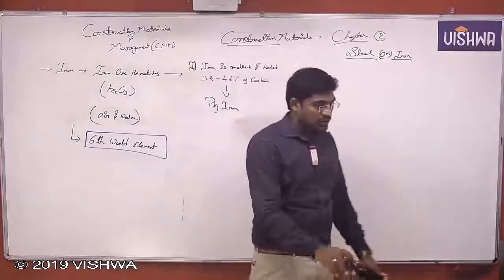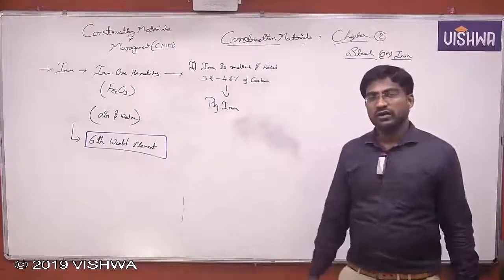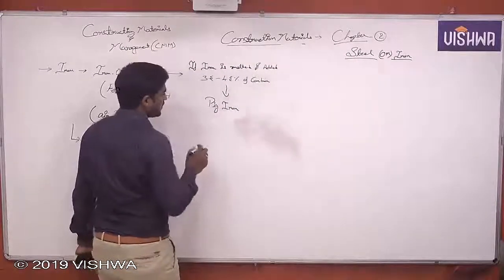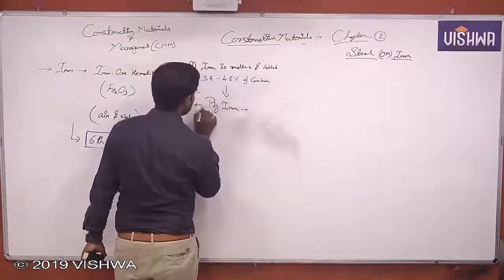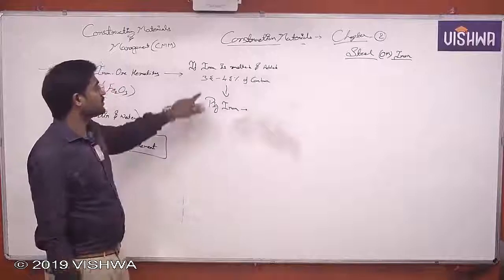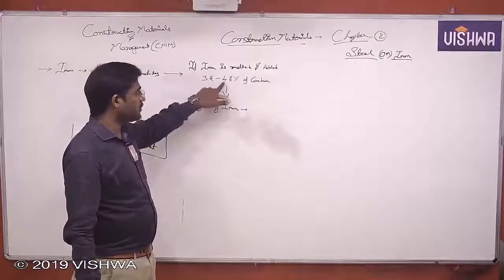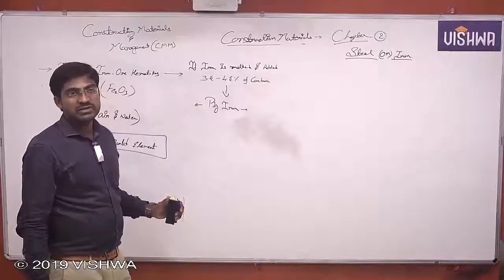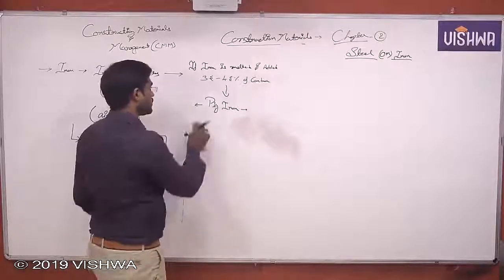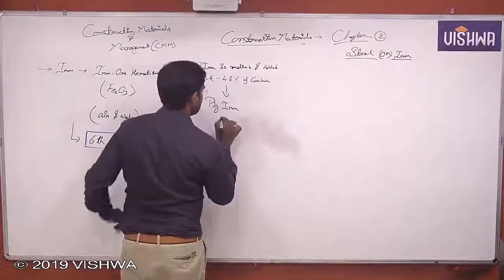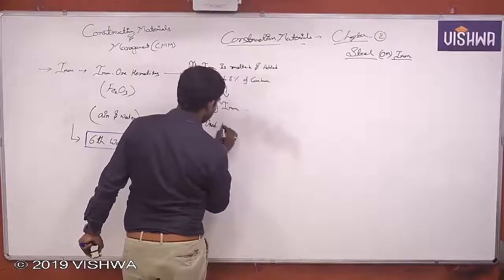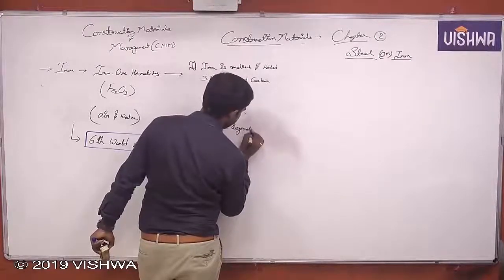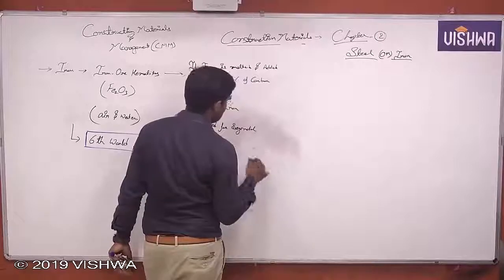This is the output, pig iron, and where it is used is for casting. Pig iron is a composition with 3.5 to 4.5 percent of carbon. This iron is generally used for segmental substances, or materials with allowable substances.